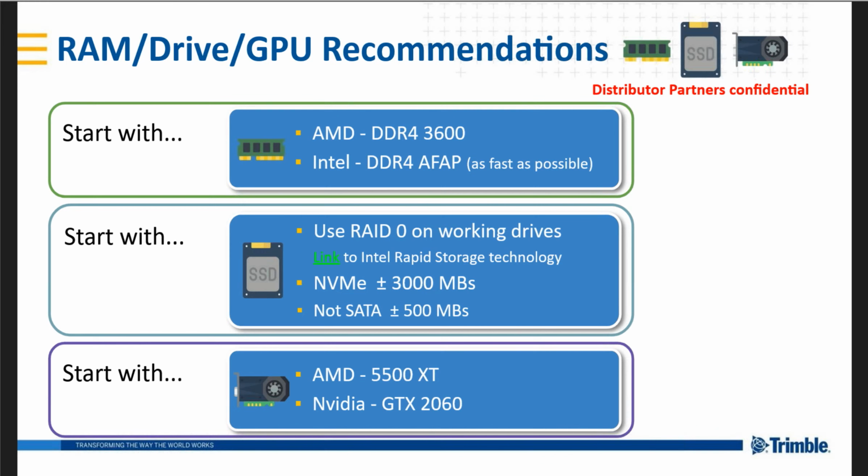With the graphics card, it's also important to mention the video RAM. So if possible, you should always go with quite a high amount of video RAM if available. Not only 1 GB, so start with 4 GB or higher. That's our recommendation for the video RAM on the graphics card side.